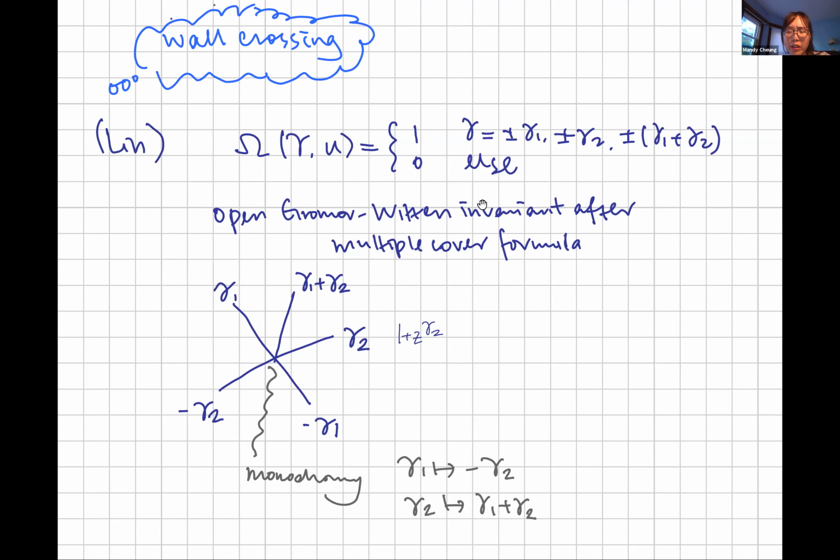But in this case of DP5, or the rational elliptic surface with singularity 2 star 2, one can see explicitly that the open Gromov-Witten invariants are just this one when we have gamma 1, like in this case.